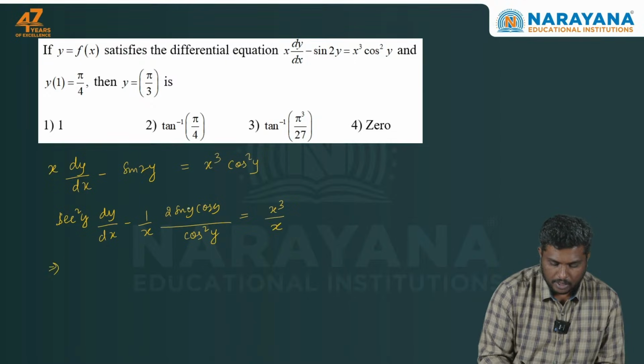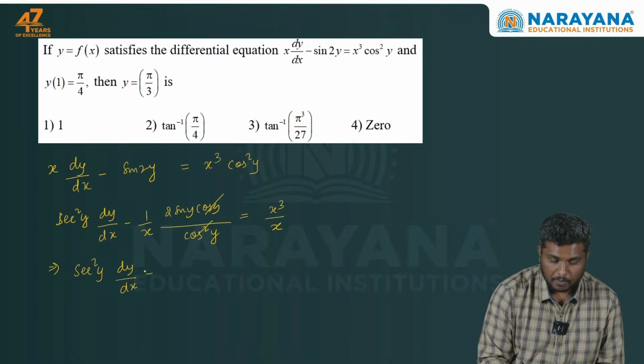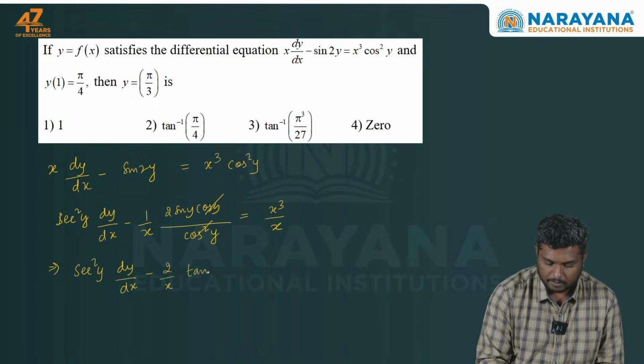So guys, here cos y gets cancelled out, so I will be having secant square y dy by dx minus 2 by x into tan y, which is equal to x square.